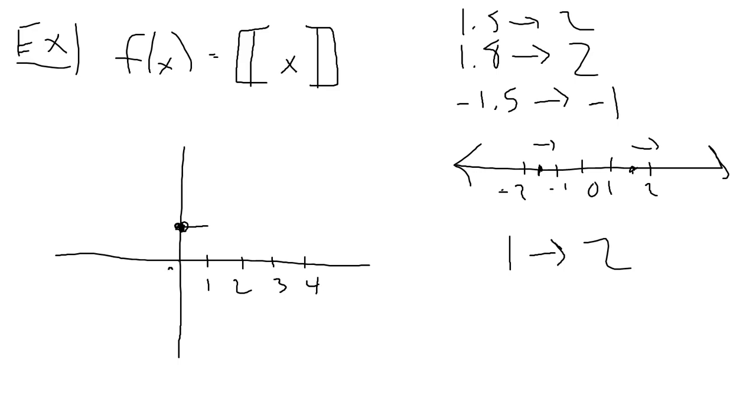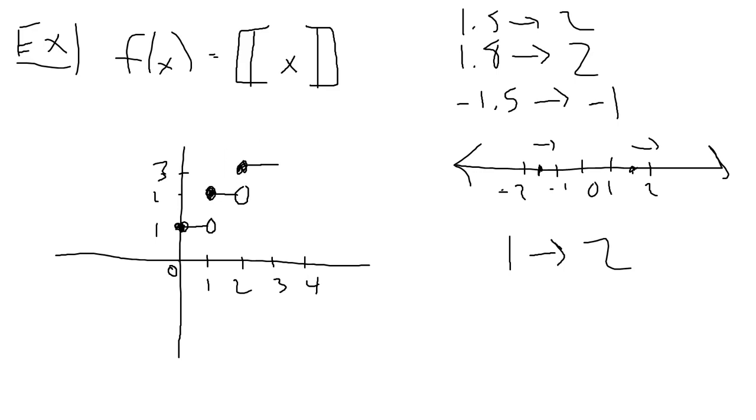So 0 gets sent to 1, and everything gets sent to 1 all the way up to 1, which then gets sent to 2. Sorry, so 1 gets sent to 2, everything gets sent to 2 up until 2, which gets sent to 3.